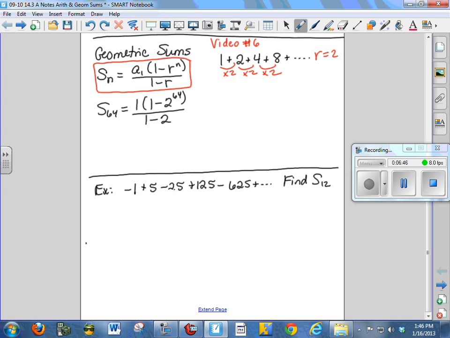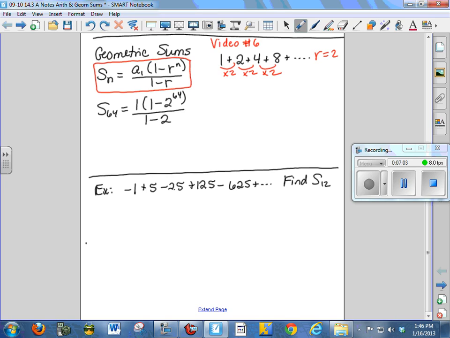Now, if you just do a little bit of analysis here, you'll notice the numerator, 1 minus 2 to the 64th, is going to be a very large negative number. But the denominator is also a negative number. 1 minus 2 is negative 1, so a negative divided by a negative is a positive.